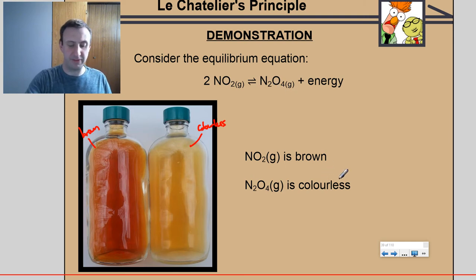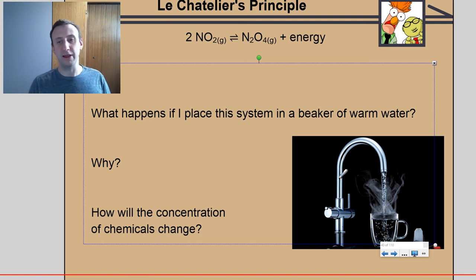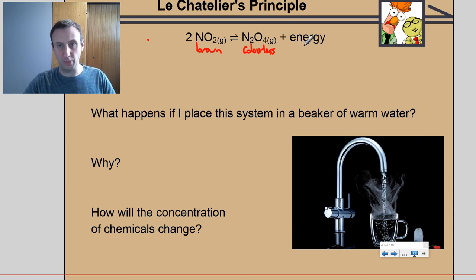So let's say that I am making the change of adding warm water. So I am heating this up, and again, this is my colorless right here, while this compound is brown. So if I increase temperature, so this is going up because I'm putting it in warm water for the full vessel, what this system is going to do is try to use up that energy that's been added from the warm water by shifting to the left.